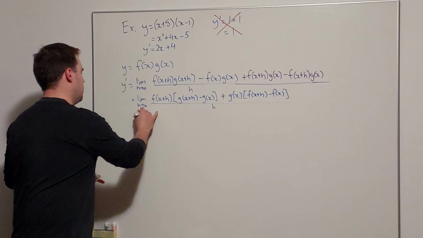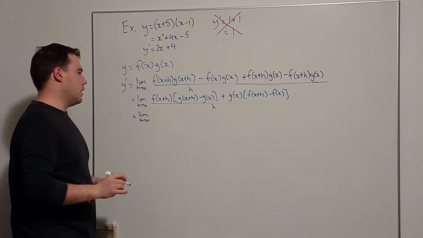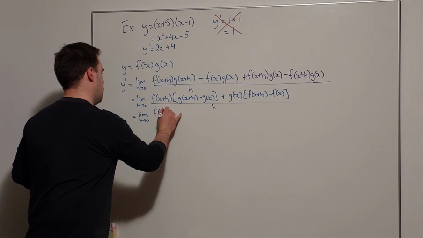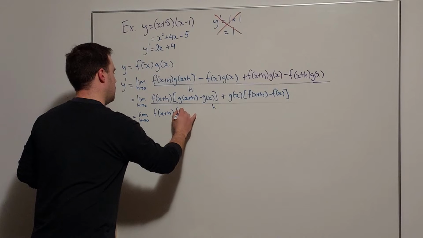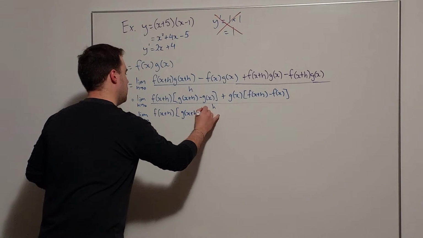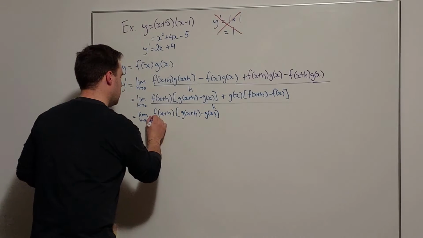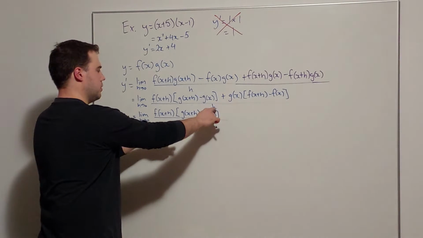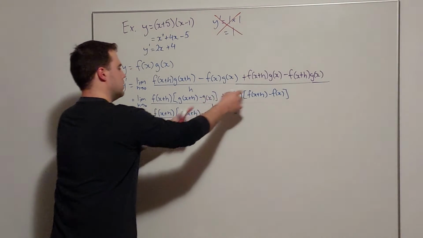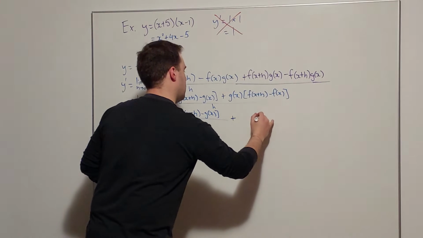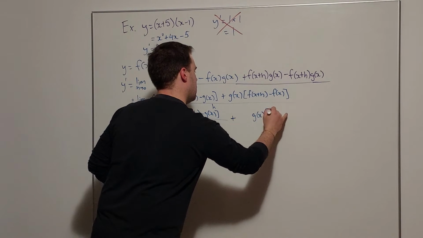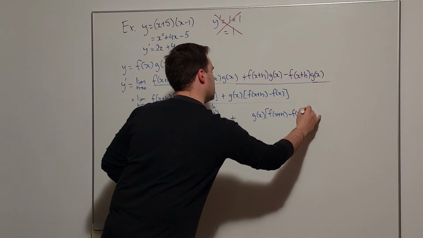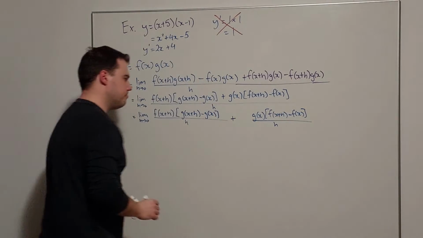All right, so here inside the limit, we're going to have the limit as h goes to 0 of f of x plus h outside of g of x plus h minus g of x, and that's all going to be over h. At the moment, I'm just going to split up the fraction: this term over h plus g of x outside of f of x plus h minus f of x all over h.